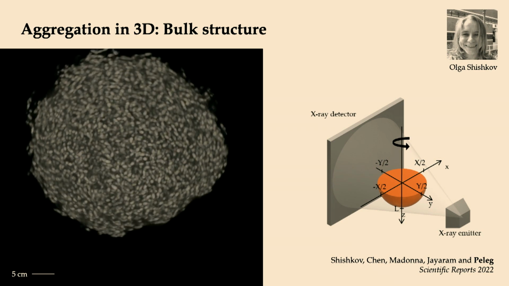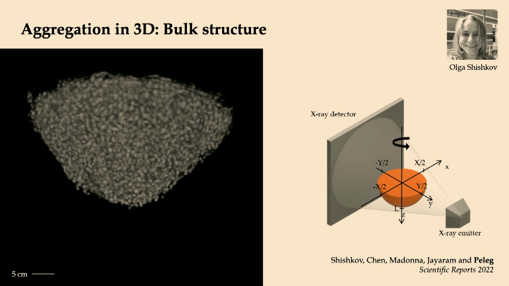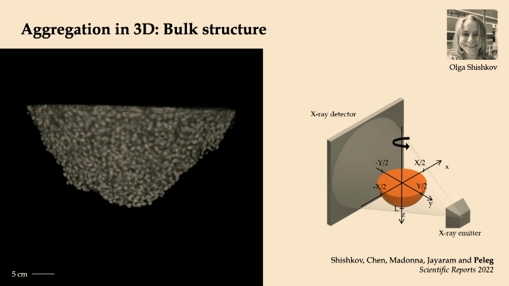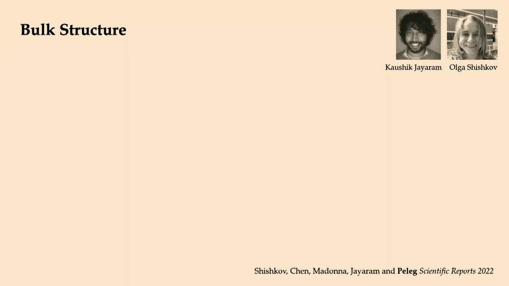We just published all of this data, and I'll tell you about a bit of analysis that we did, but I think there's hopefully more to come. We partnered with Kaushik Yarman, who is now faculty also at CU Boulder, and we tried a really basic exercise where we try to understand how different layers of bees are arranged in order to maintain mechanical stability and support all the bees suspended underneath them.